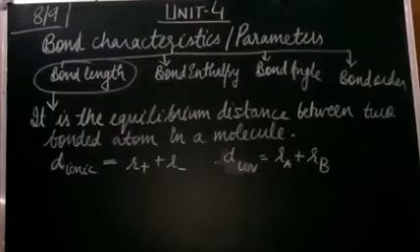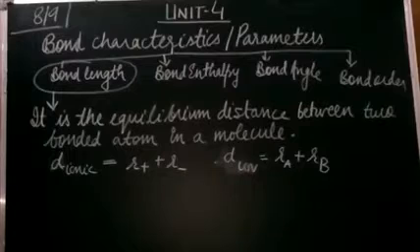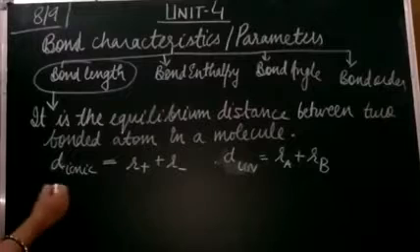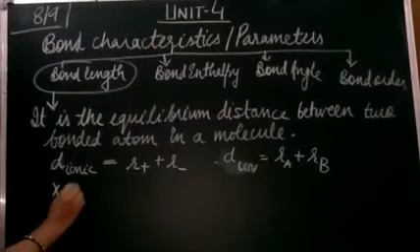Right now, how has the bond length been measured? Since the atoms are very small, how can the distance between the two nuclei of the atoms be measured? It is through the X-ray study, student.